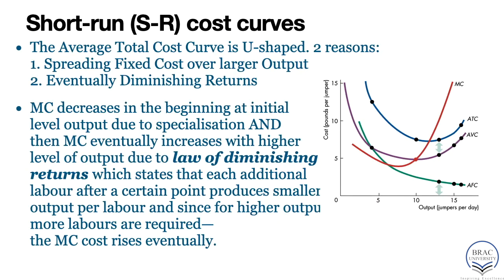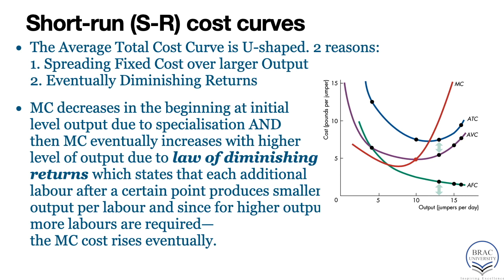So, if you've worked out the example, and if we're asked to plot your findings, you should get a graph something like this, where you can see the average total cost or the ATC curve has a U shape. And this can be explained with two reasons. Firstly, we know as the output increases in a firm, the firm spreads its fixed costs over a larger output and therefore its average fixed cost decreases.